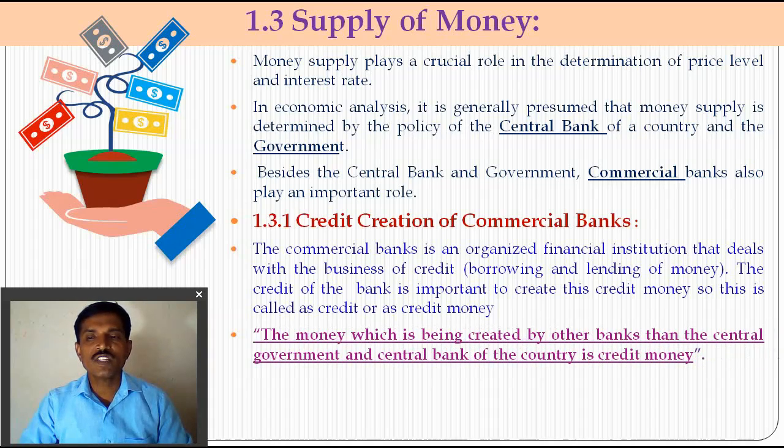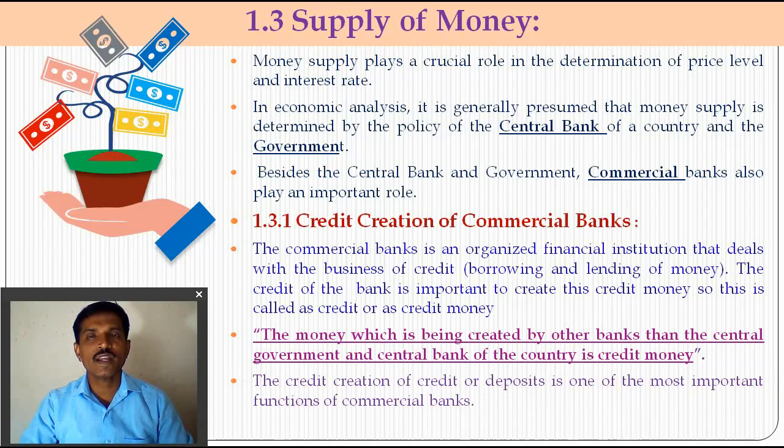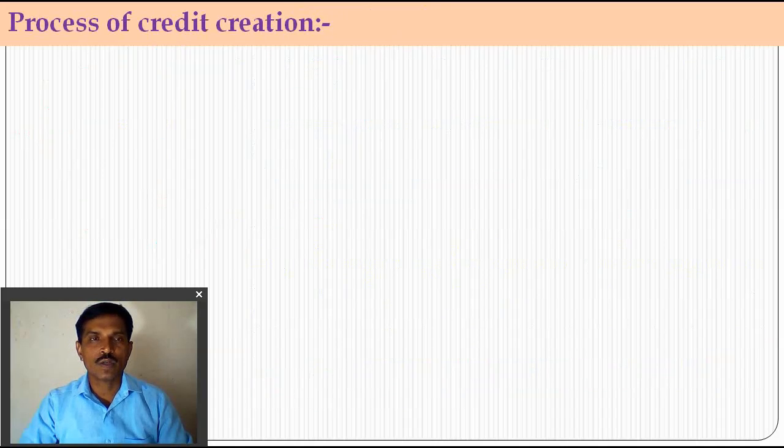So the money which is created by banks other than the government and the central bank is called the credit money. Credit creation and credit deposits are among the most important functions of commercial banks.